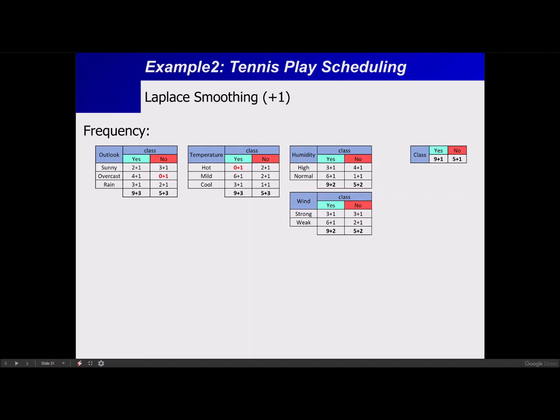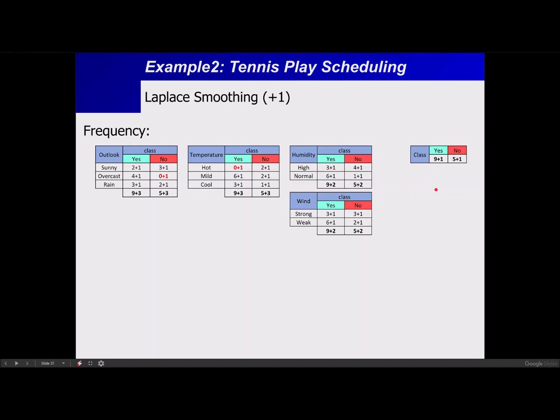In order to avoid the 0 problem, I add a value of 1 to all frequencies. So I add 1 to this 2, I add 1 to this 4, and even when we have 0, I add 1. I do this to all of the values in these tables. In this way, at the end, I don't have any single element with 0 value.